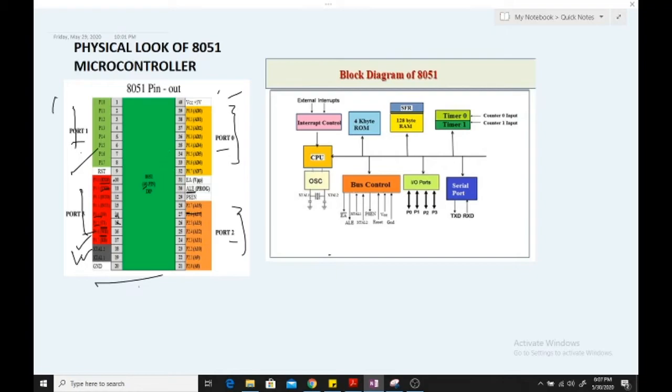These are used for connecting external devices, and in a block diagram these are connected like that. There are 2 timers in the 8051. There is a RAM of 128 bytes in the 8051, and 4 kilobytes of ROM in it. 4 kilobytes means 4096 locations for storing the program or instructions.